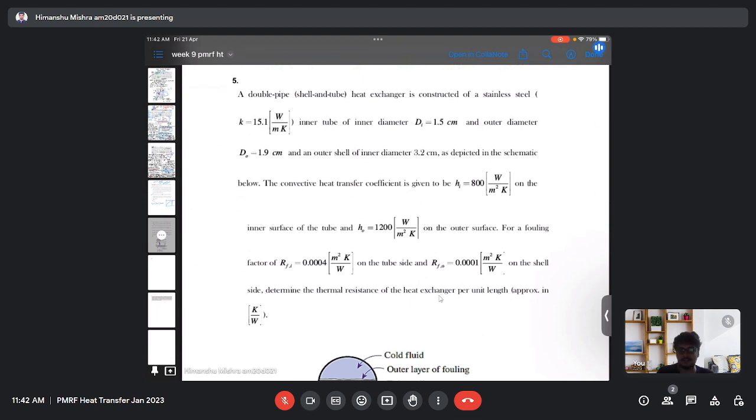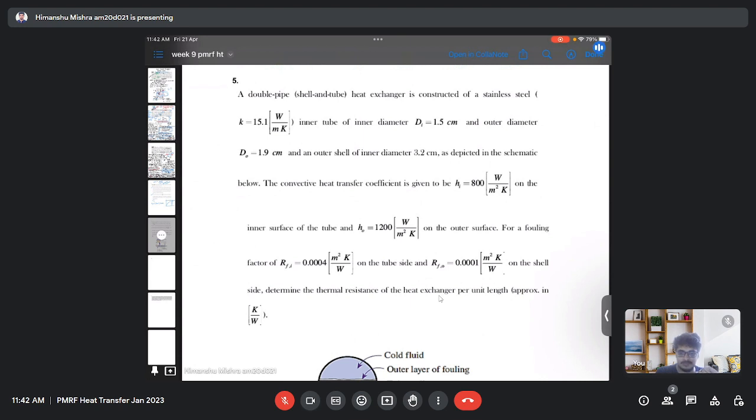We have been given the thermal conductivity of it, and the inner tube has an inner diameter of 1.5 centimeter and an outer diameter of 1.9 centimeter, and the outer shell has an inner diameter of 3.2 centimeter, depicted in the schematic below. The convective heat transfer coefficient is given as 800 on the inner surface, and the outer surface is 1200, and the fouling factor on the tube side. And we have also been given the fouling factor for the shell side.